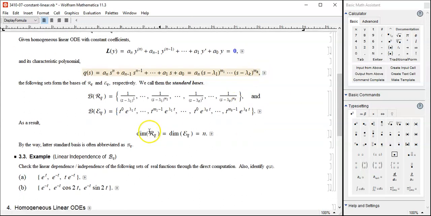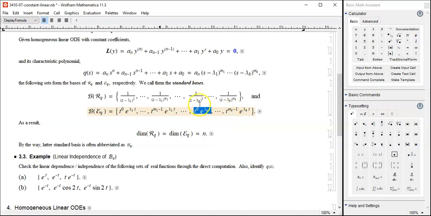So how am I going to get these standard basis functions? When we have appropriate zeros. Let's see, for e to the t power, I'm going to get only t to the 0 power, only the first one over there. But for the other, I'm going to get t to the 0 power and t to the first power.